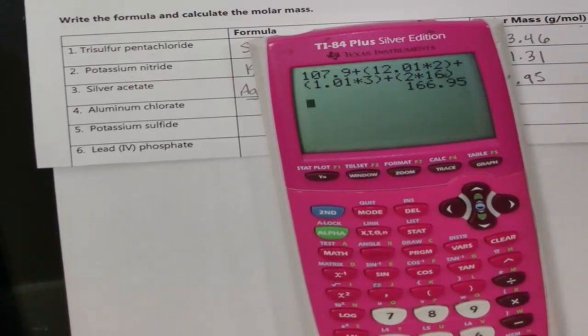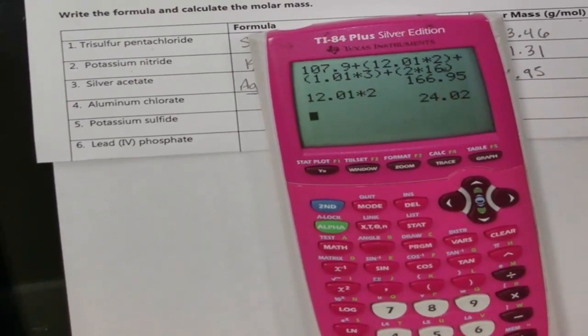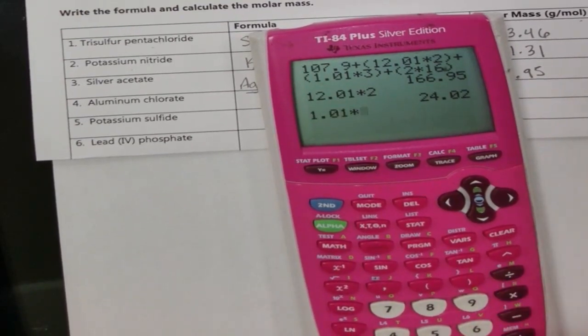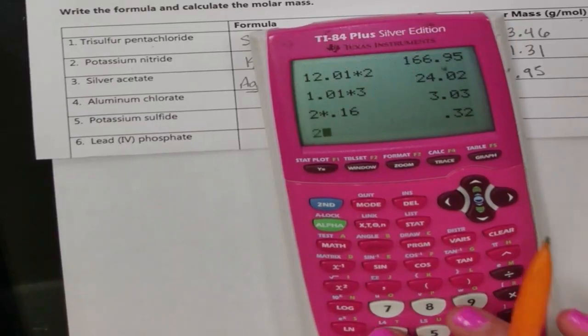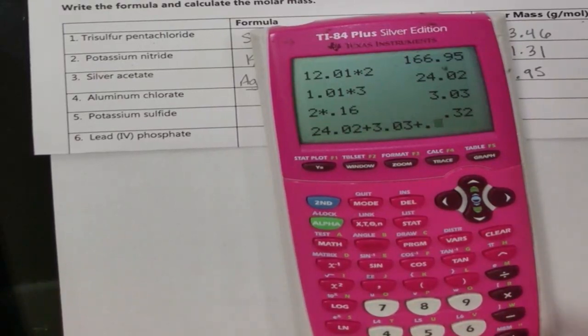Do not put in 12.01 times 2 and then 1.01 times 3 and then 2 times 16 and then start adding your individual things. That is way too much work. Time is money. You need to save time.